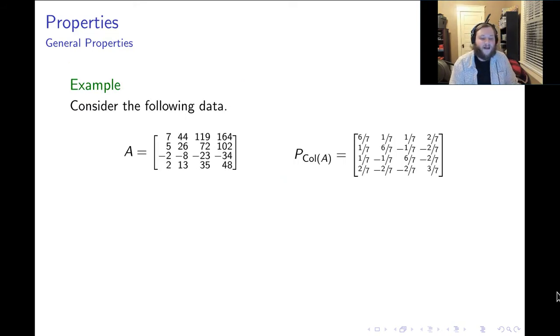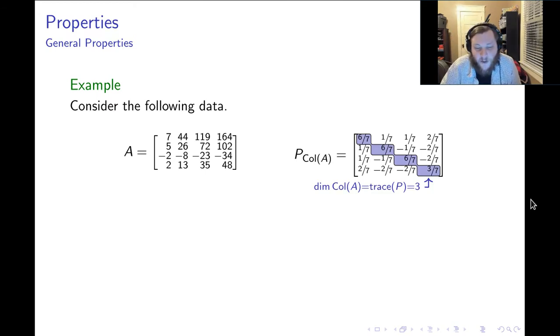So let's look at an example here. Here, I'm looking at an example where I have some matrix A that I was studying, and I was interested in the column space of A, and I went ahead and calculated the projection matrix onto the column space of this A. So here we're looking at a projection matrix. Let's start thinking about the properties we just listed. One thing I could do is look at the trace property. I could sum all of these diagonal entries to look at the trace of this projection matrix.